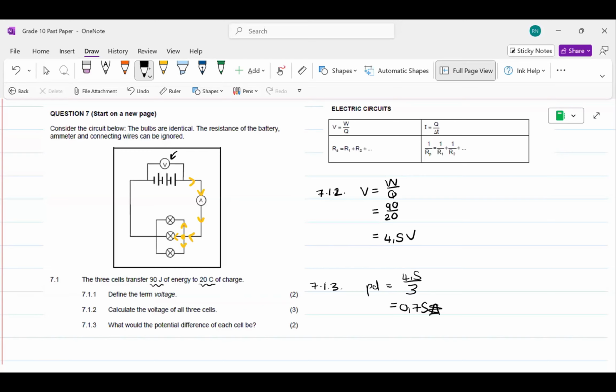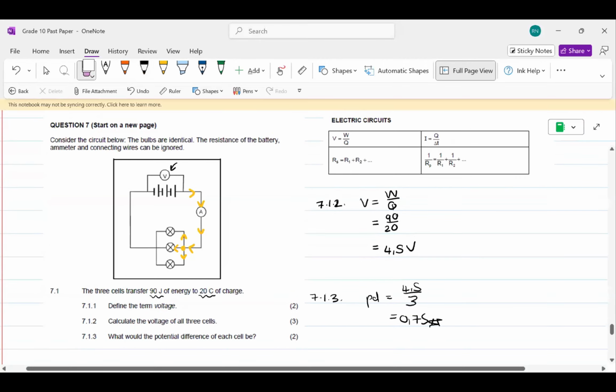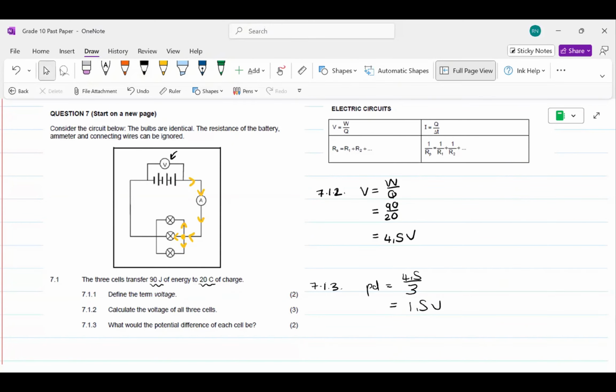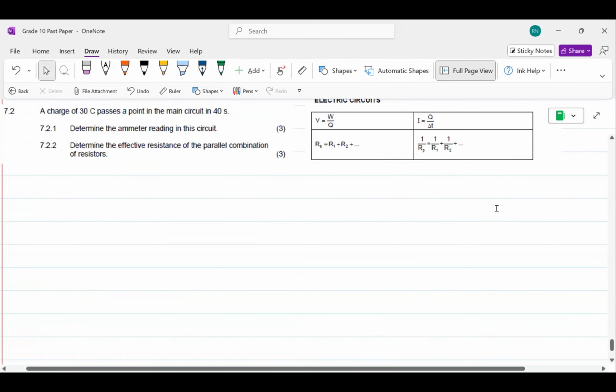We're looking for potential difference. 4.5 divided by 3 is 1.5 volts, perfect. Okay, cool.